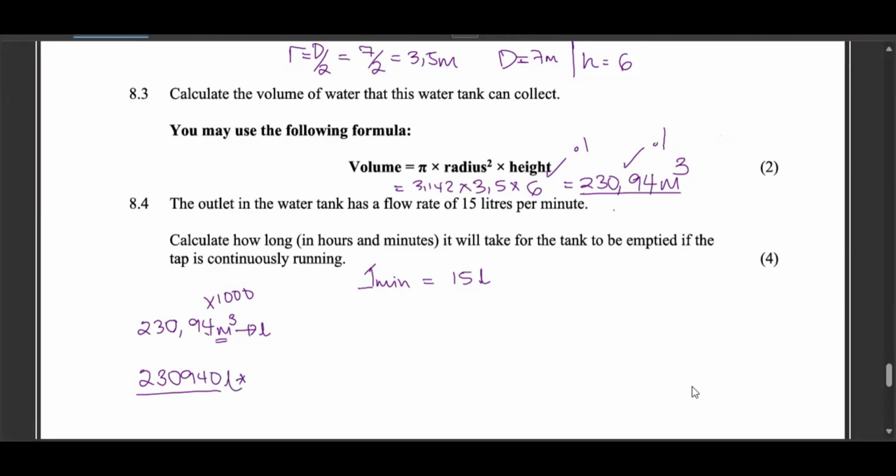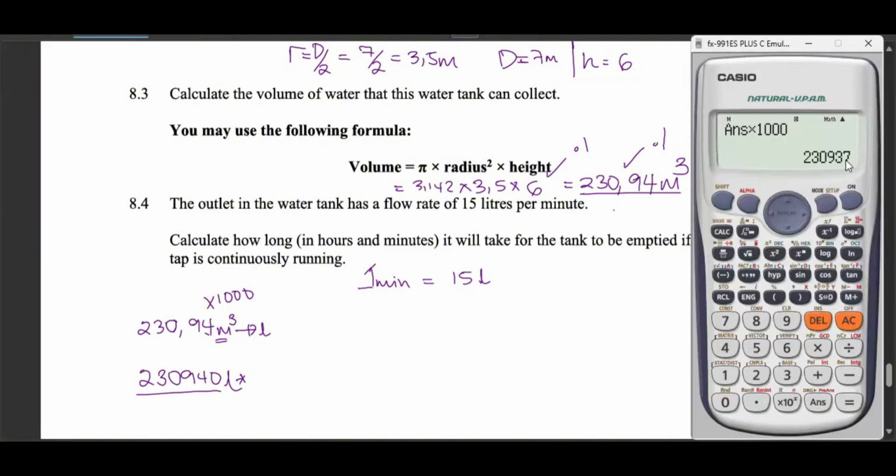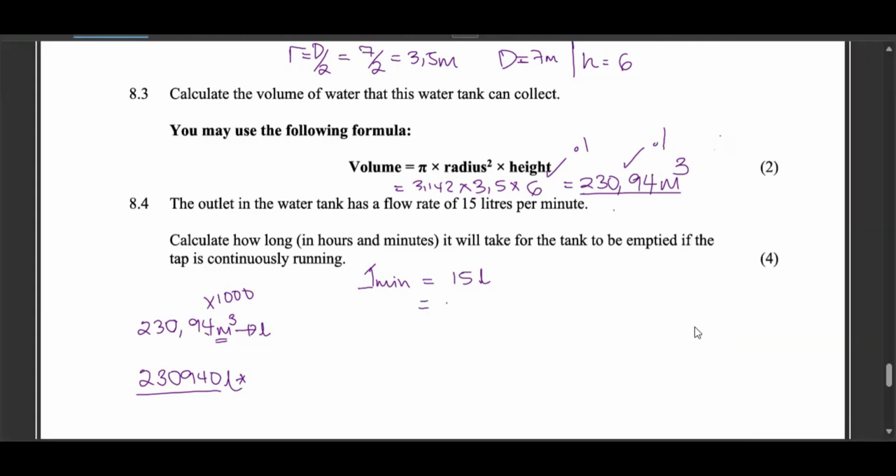So this is what you are looking at. Don't mind about the 7 because remember for us we had rounded off, so it's 230,94 times 1,000. It becomes that much, 230,940 liters.